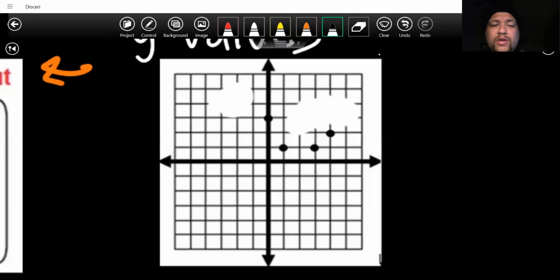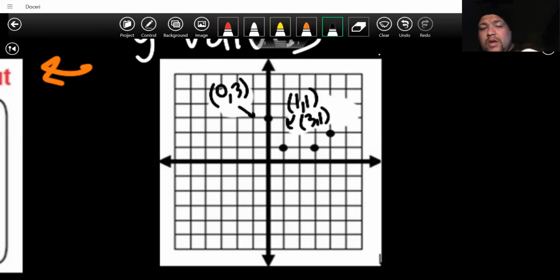The value that we're getting for this one is going to be 0, 3. This one right here is going to be 1, 1. The next one we're going to have is 3, 1. And then we're going to have 4, 2.